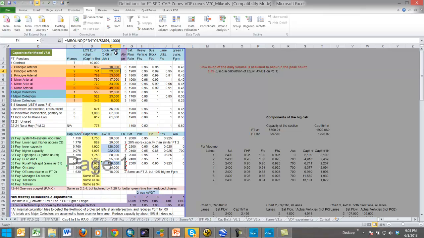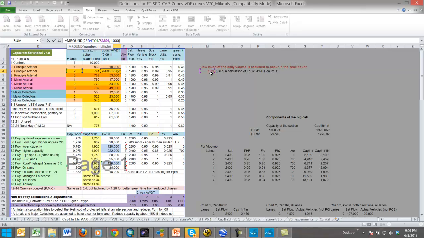So what this says is, oh, where's the 0.9 that it's dividing by? Divide by M4. Oh, right there, 9%. So right here I said this is how much of the volume in a single PM hour, that's the share of the daily traffic that's occurring in 1 hour.